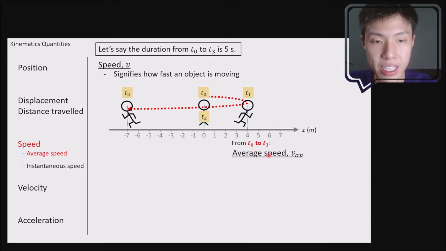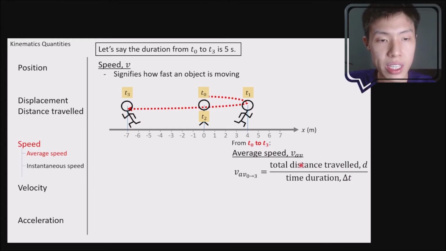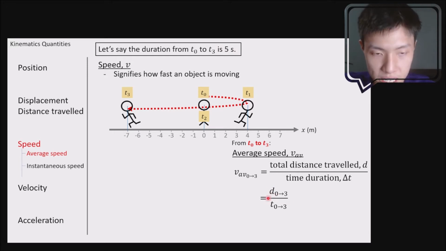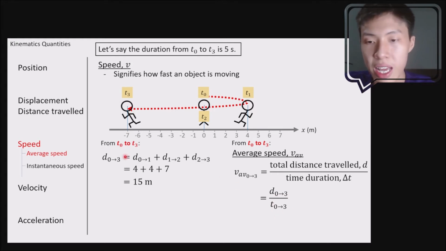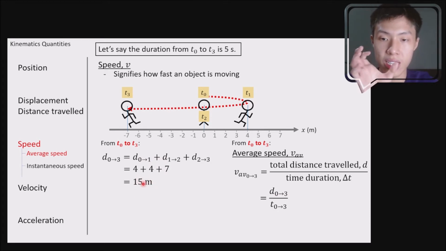If you want to find the average speed from t0 to t3, we take the total distance traveled from time 0 to time 3 and divide by the duration from 0 to 3, which we already said is 5 seconds. Since we already did this calculation in the previous video, I will just take the answer, 50 meters, as the distance traveled that we determined there.